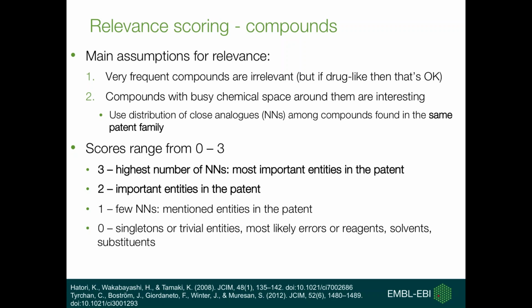So again, we used a similar scoring system from 0, which are compounds that are very trivial, or solvents, reagents, substituents, and things that are not relevant to the patent, to 3, which are the compounds that have the greatest number of nearest neighbors within the patent, and these are likely to be the most important compounds in the patent.